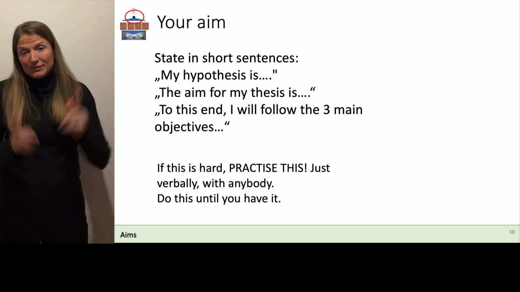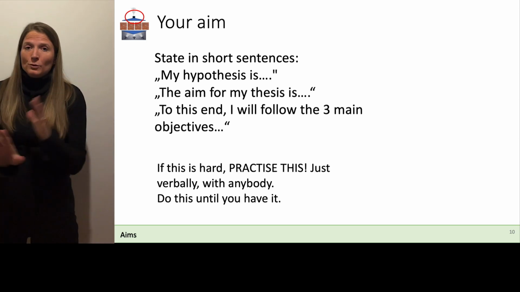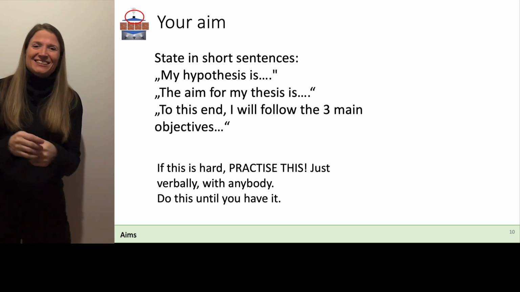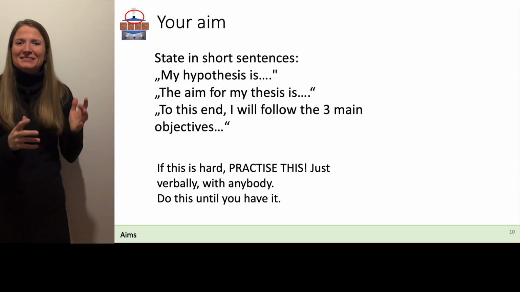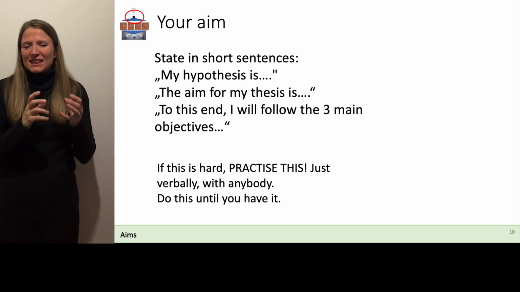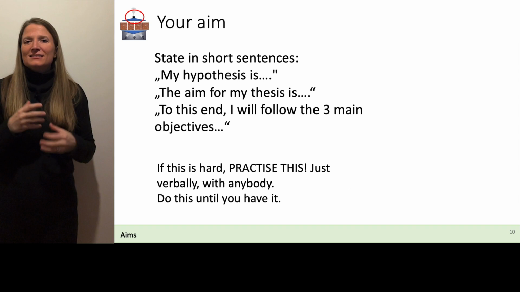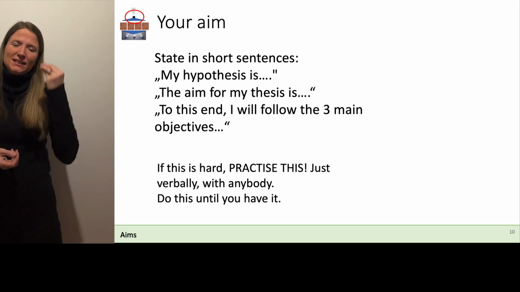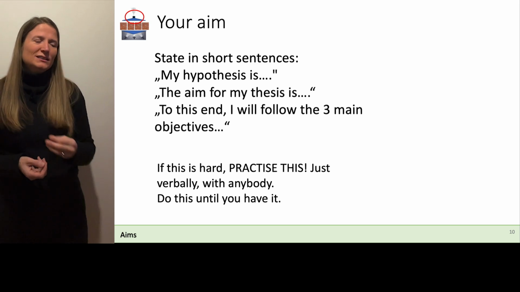So if this is hard, practice this with anybody that doesn't run away fast enough. Try it on your roommates, your parents, whatever. By trying to do this, it helps you to sharpen saying exactly and concisely what you want to say.